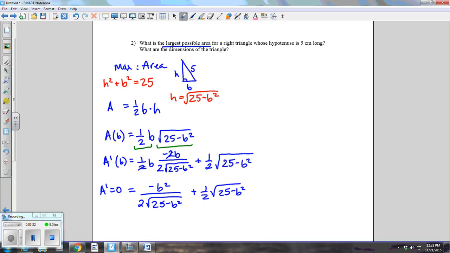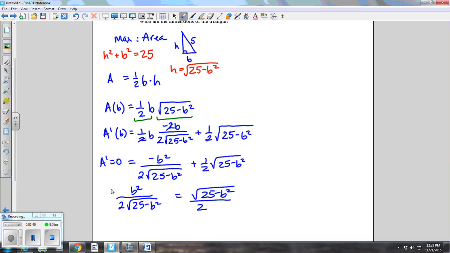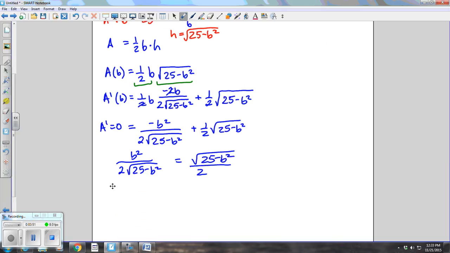Now setting that equal to 0, I see that because I have a sum, I can move that first term over to the other side of the equal sign, add it to both sides, and then I have a proportion, so I can do a cross product. It's probably the easiest way to solve this problem.